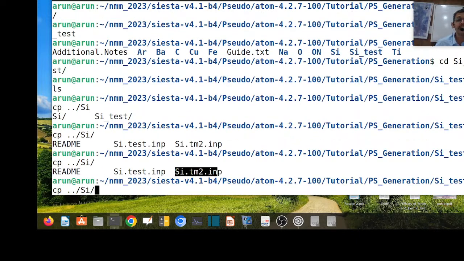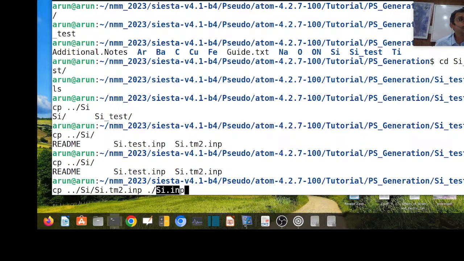I copied this input file si.tm2.inp and pasted it in the directory in which I am sitting, and I want to paste it with a different name.